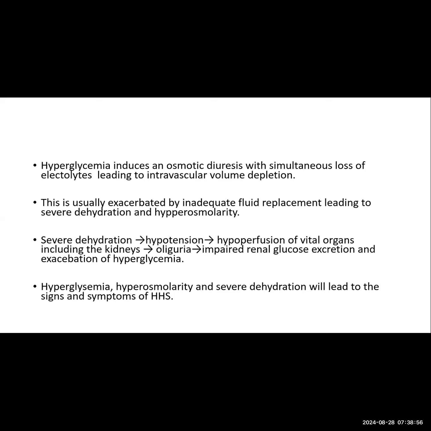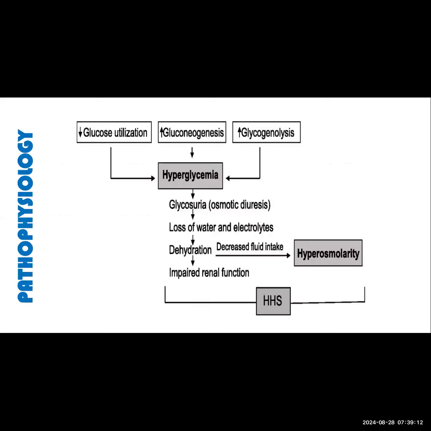Severe dehydration will lead to hypotension, which will lead to hypoperfusion of the vital organs, including the kidneys, which will now lead to oliguria and impaired renal glucose excretion, and this will exacerbate the hyperglycemia. Hyperglycemia, hyperosmolarity, and severe dehydration will then lead to the signs and symptoms of HHS.